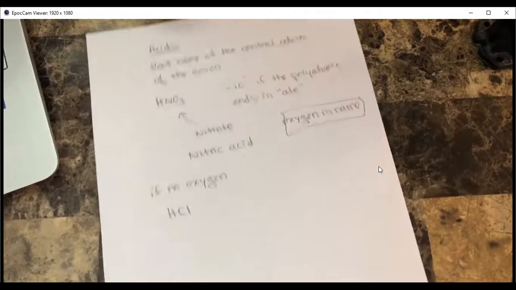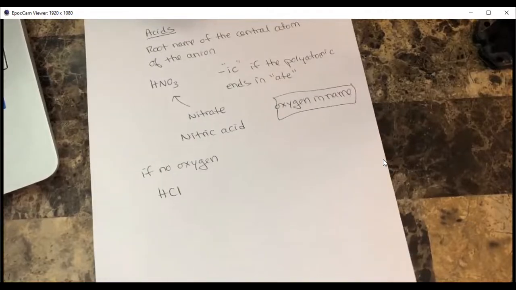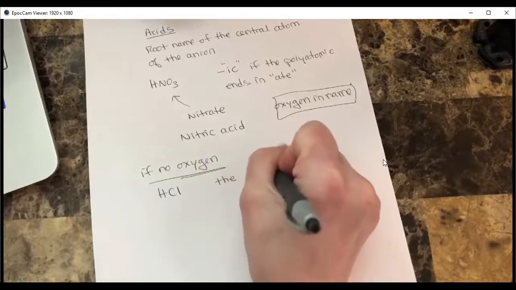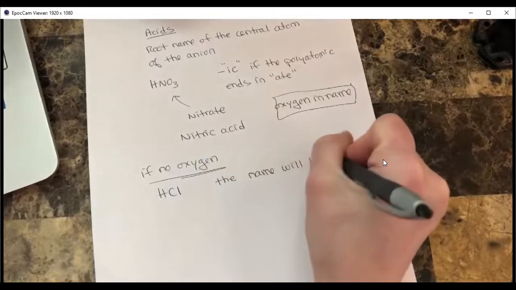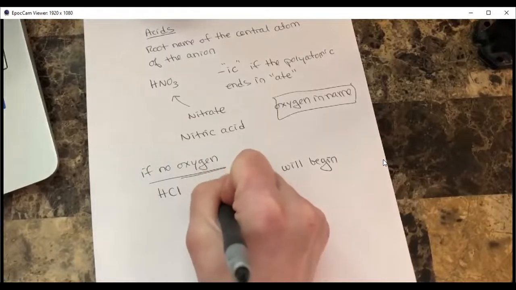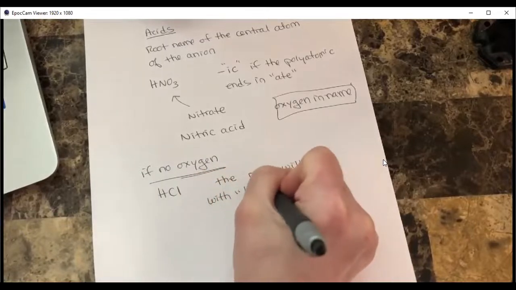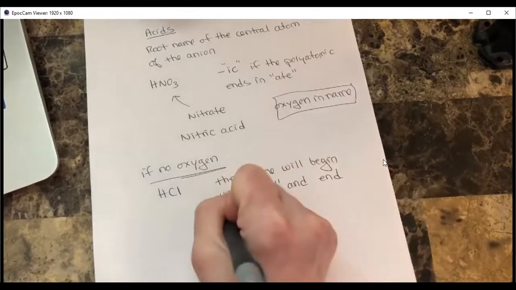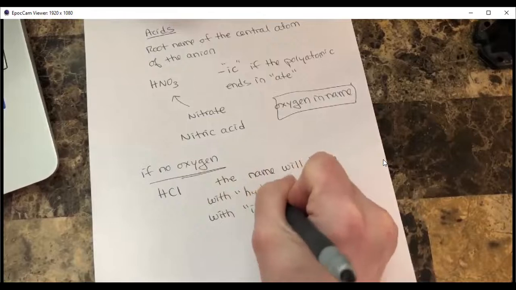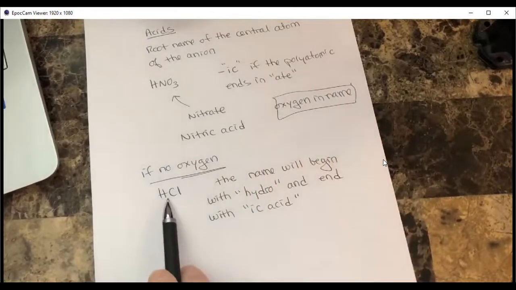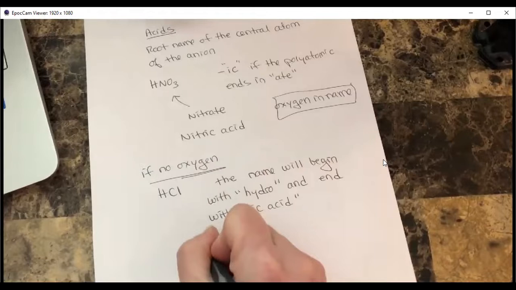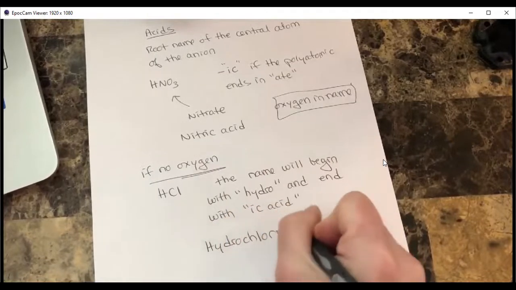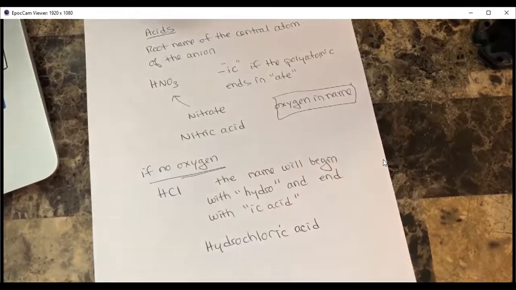You should be knowing by now that that one's hydrochloric acid, right? If there's no oxygen, the name will begin with hydro and end with ic acid. So look at the central atom, chlorine, so it's going to be chlor. So we have hydro, chlor, there's the root, ic acid.